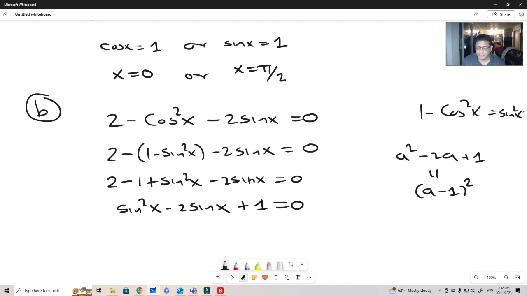So the only difference here is that this a in this case is sine of x. And so if I can factor this expression into this, then in this scenario I can factor this into this. This becomes sine of x minus 1 squared equals 0.